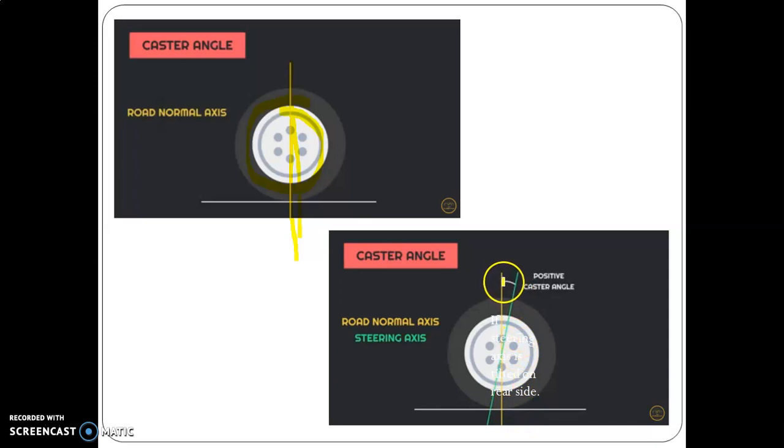So in this manner, from the vertical axis and the steering axis, the angle made is the caster angle in the positive manner. So the caster is positive when the kingpin center line passes through the road surface ahead of the center of the tire contact with the road, as shown in this picture.